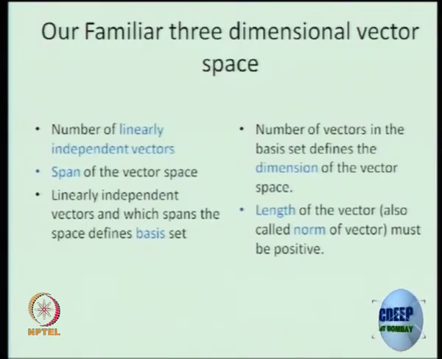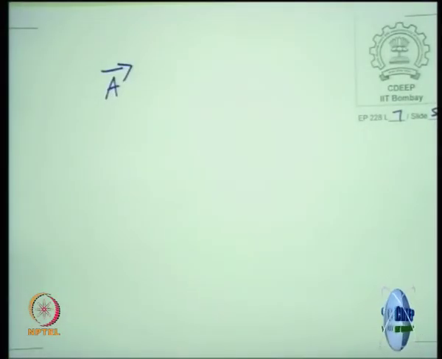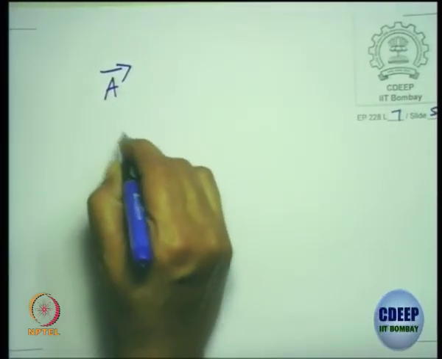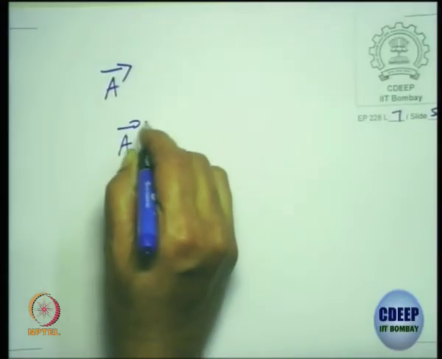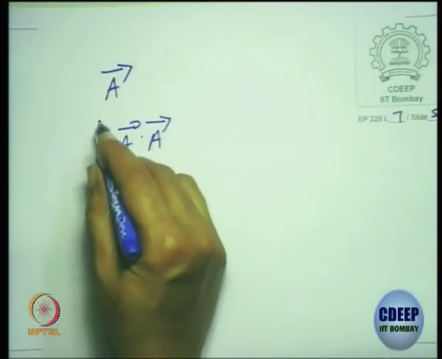Then the next question is, what is the length of a vector? How do you do this in your vector calculus? Whenever you are given a vector A, if you want to find the length of the vector, you define A dot A and take the square root.